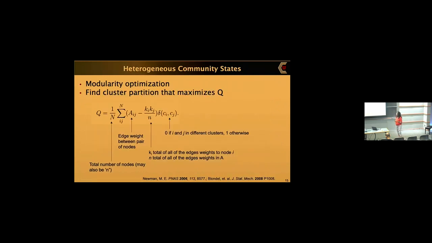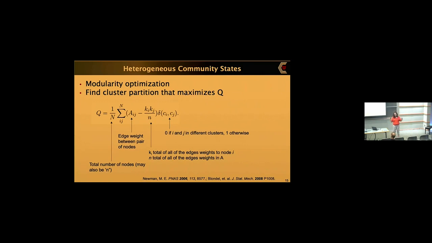We've been tinkering with modularity optimization as a tool for getting multi-scale information of such heterogeneities, and basically this is using an optimization function called modularity. I'll tell you what the math means rather than walk through every single variable defined up there.